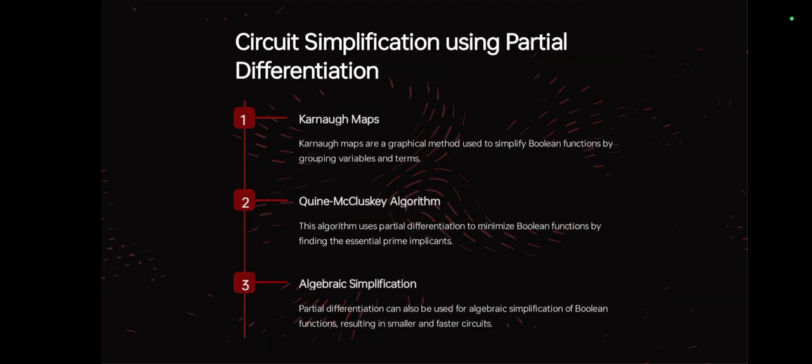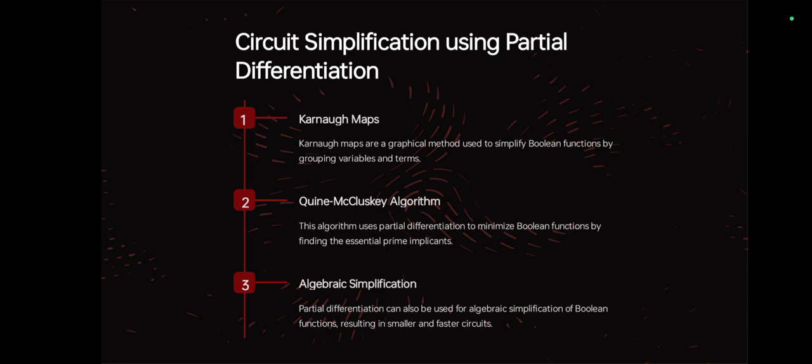Next is circuit simplification using partial differentiation. Using partial differentiation for circuit simplification is an interesting idea, but it's not a common approach in the field of digital logic design.